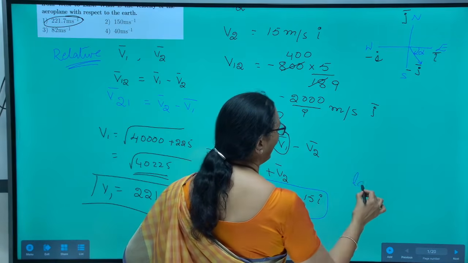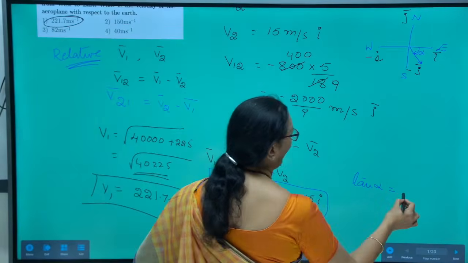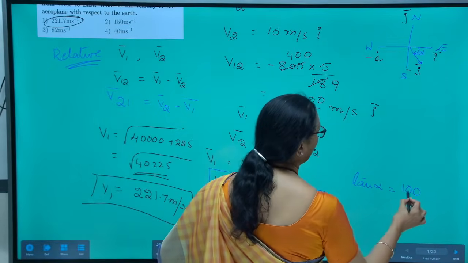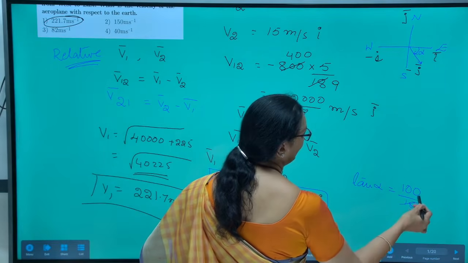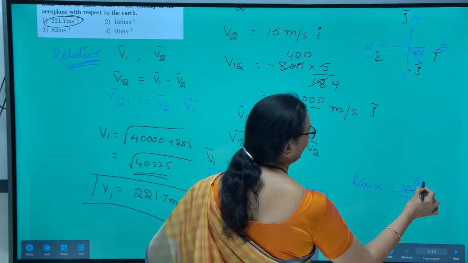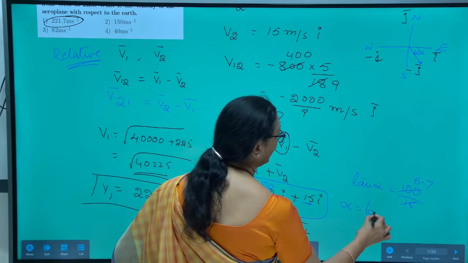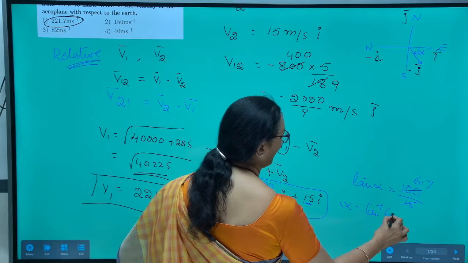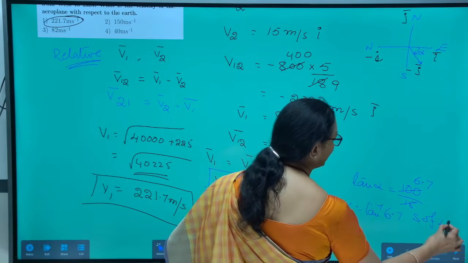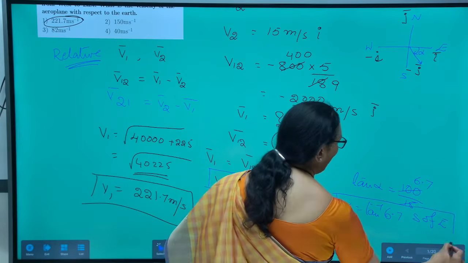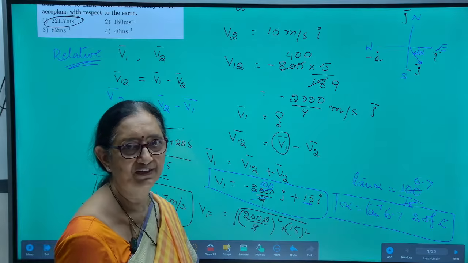So, tan alpha is equal to opposite side, that is y coordinate 100, by adjacent side 15. So, it is 6 point something or 6.7. So, alpha is equal to tan inverse 6.7 south of east.